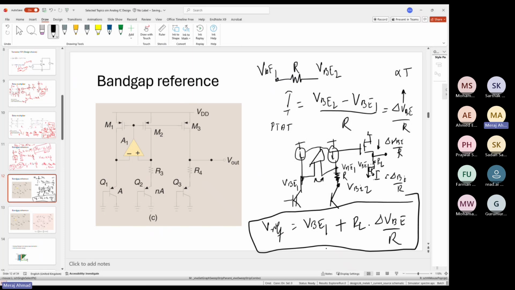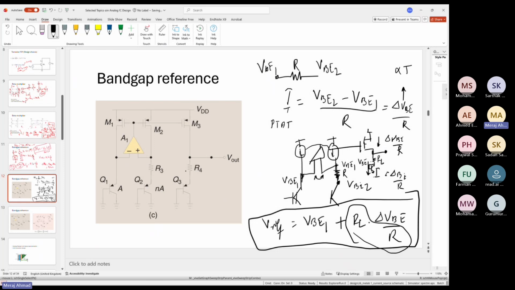If you just go through a bit, read some lectures, you will come up with it. We will just see how in simulation we can make it. So now you see this ratio, RL by R, the ratio here is like R4 by R3. This decides how we can cancel it.